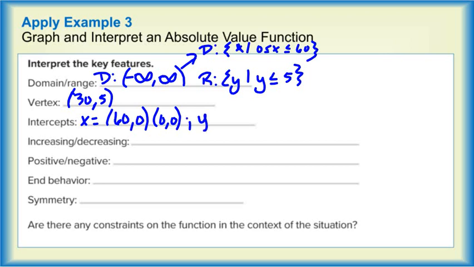And then the y-intercept would be 0, 0. It just means he went 0 miles at 0 minutes.